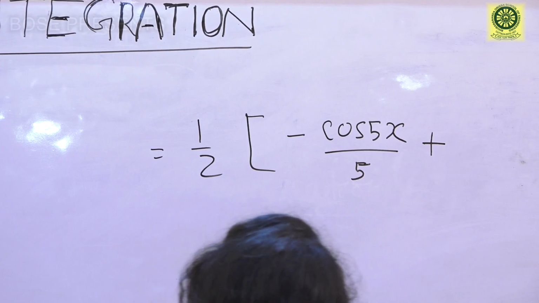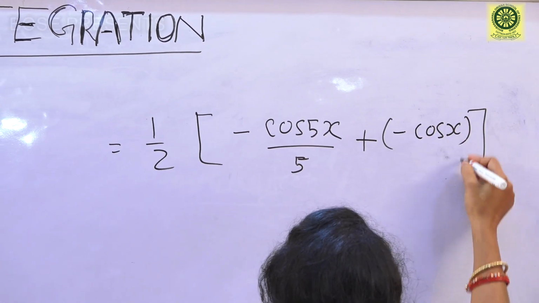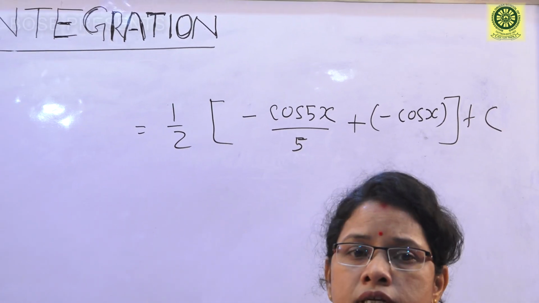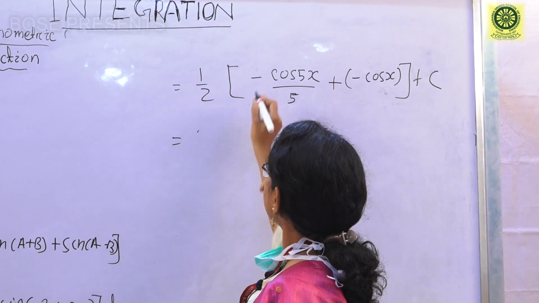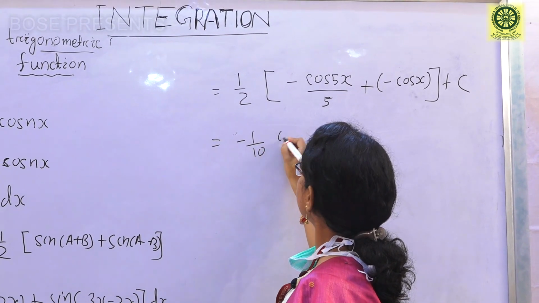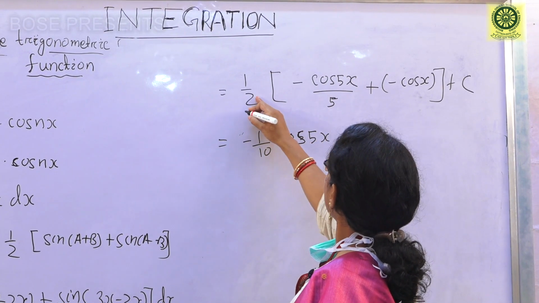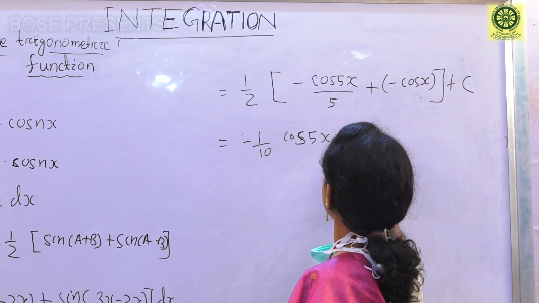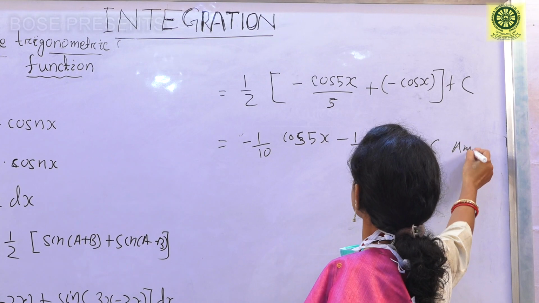Then the integral of sin x is minus cos x, plus the integrating constant. Now just simplify this. That is 1 by 2 into minus 1 by 5 is minus 1 by 10 cos 5x. 1 by 2 into minus is minus 1 by 2 cos x plus C. This is your required answer.